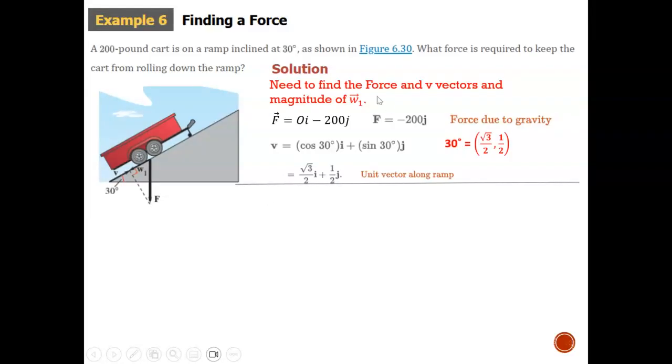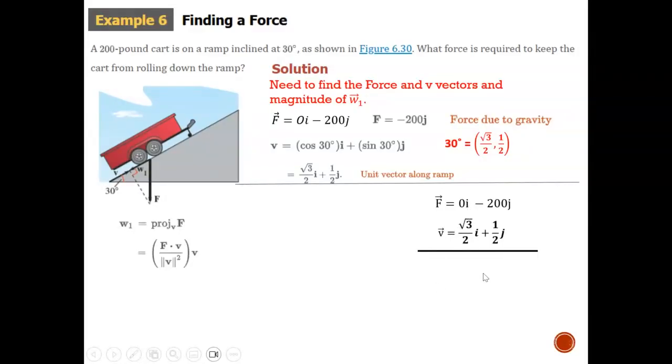Now I need to find, this is the formula, the projection of F onto V. We're going to do the dot product of F dot V. So we have the first vector, which is a force, and we put the second vector right underneath it, and we apply the operation. That'll give us 0 plus negative 100, which will give us negative 100. So that is the numerator of the force dot V.